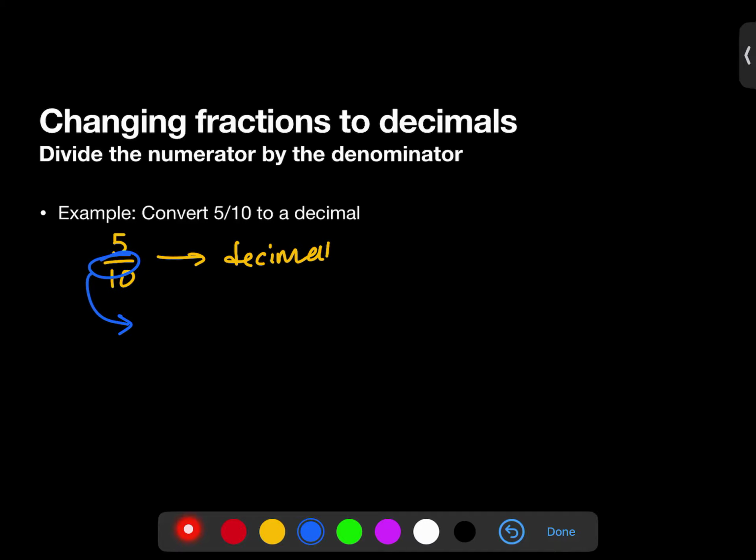So the line here means division, right? So we simply want to do 5 divided by 10, and then, correct, this gives us 0.5. So 5 by 10 equals 0.5. Good.